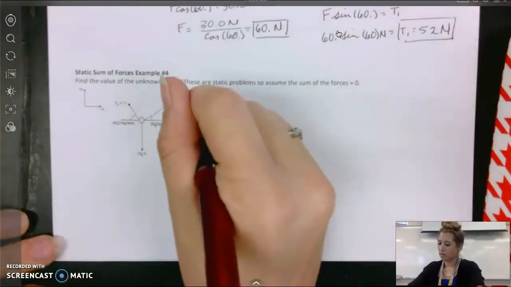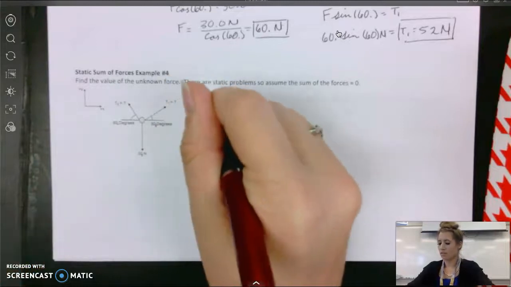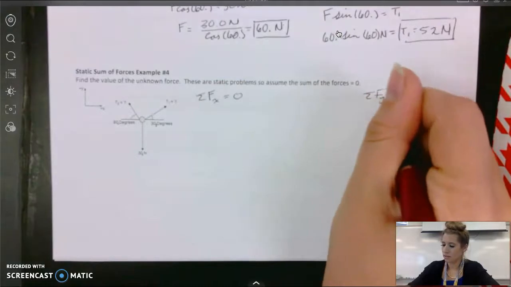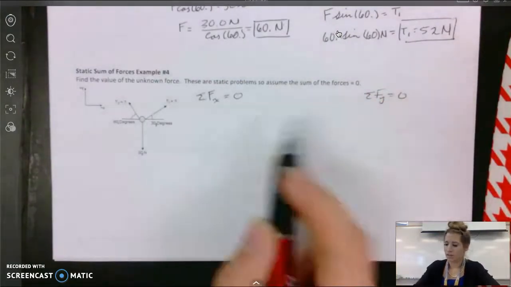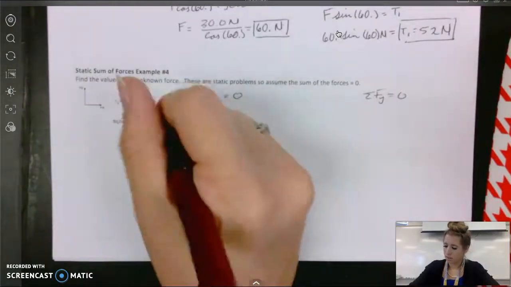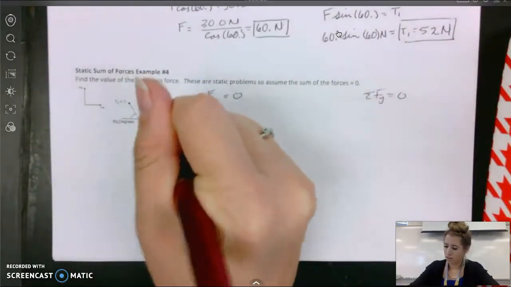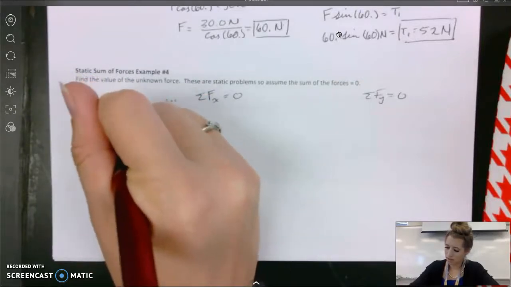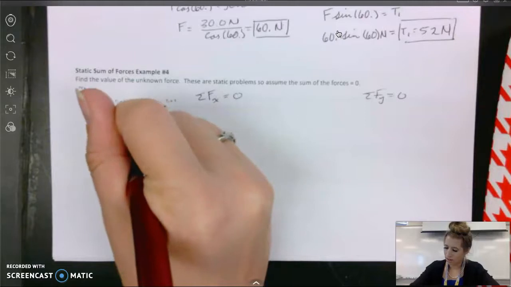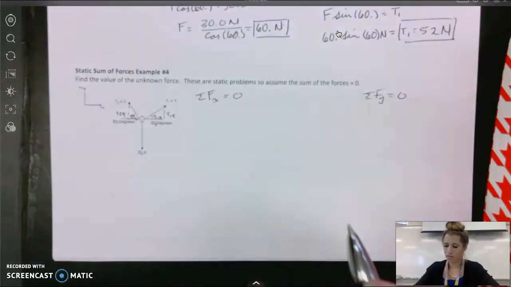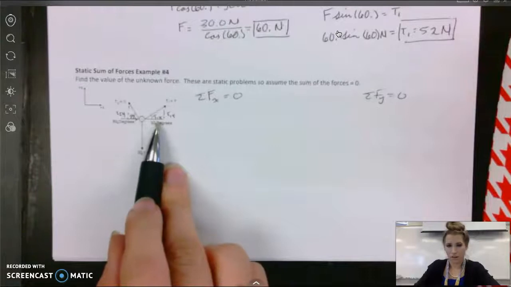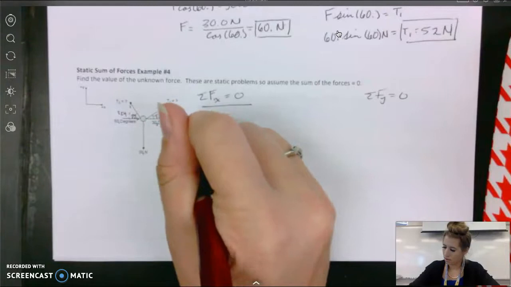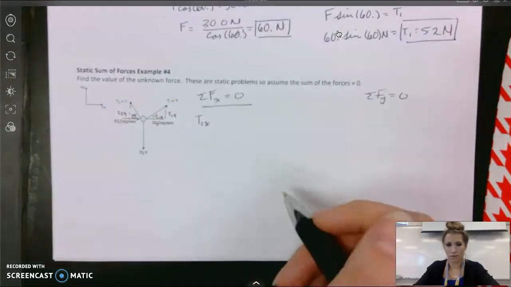So we're going to look at the sum of the forces in the X direction as well as the sum of the forces in the Y direction. It's static, so that's how we know that they're equal to 0. T1 is going to have a T1 in the Y and a T1 in the X, and T2 is going to have a T2 in the Y and a T2 in the X. Okay? So in the X direction, I have T1 in the x, and it's a positive force.